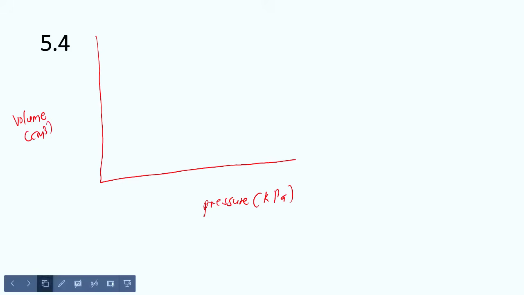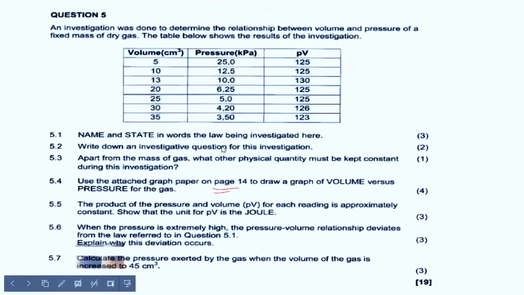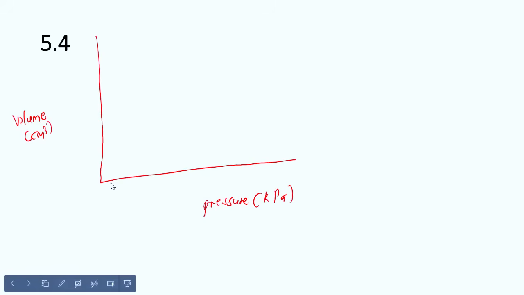And then, to draw this, we need an interval. Looking at our pressure values, we can see that we have 3.5 and then 4.25 and then all the way to 25. We can choose to have an interval of 5. That means the distance in between our numbers will be 5 units.